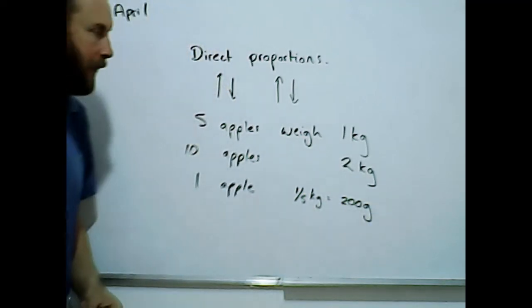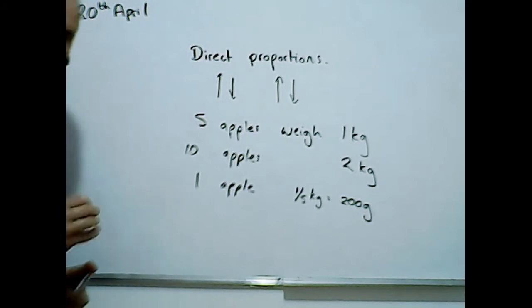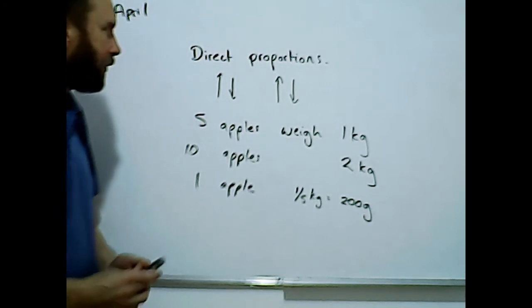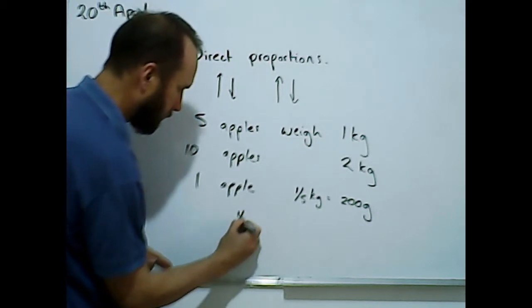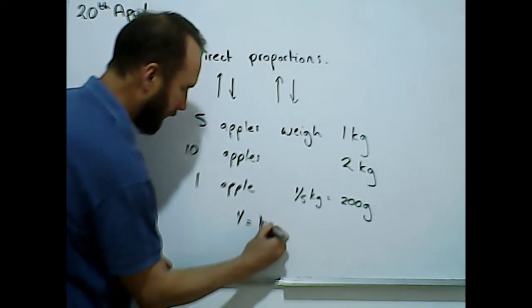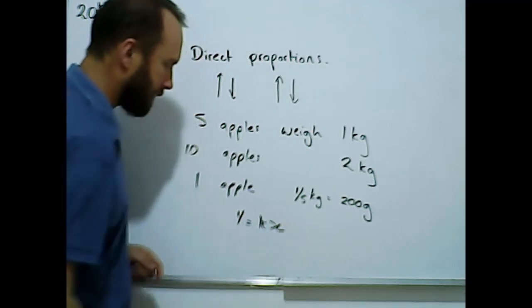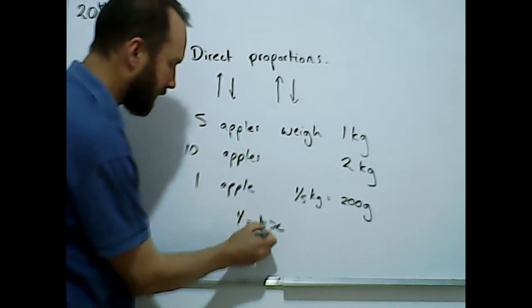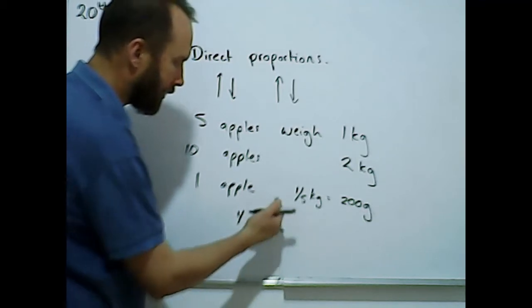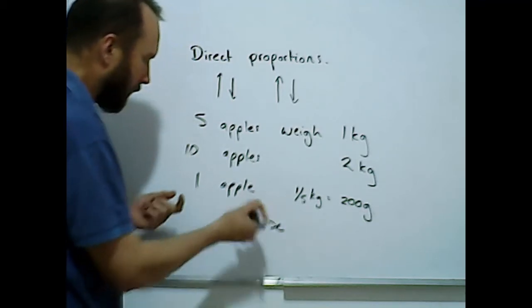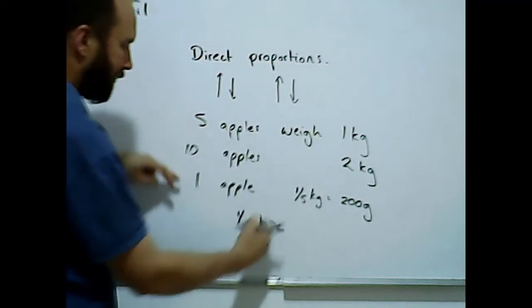And we looked at as well the formula for direct proportionality is y equals kx, where k is the constant of proportionality. And the constant of proportionality here, well, we can put these in to find this.